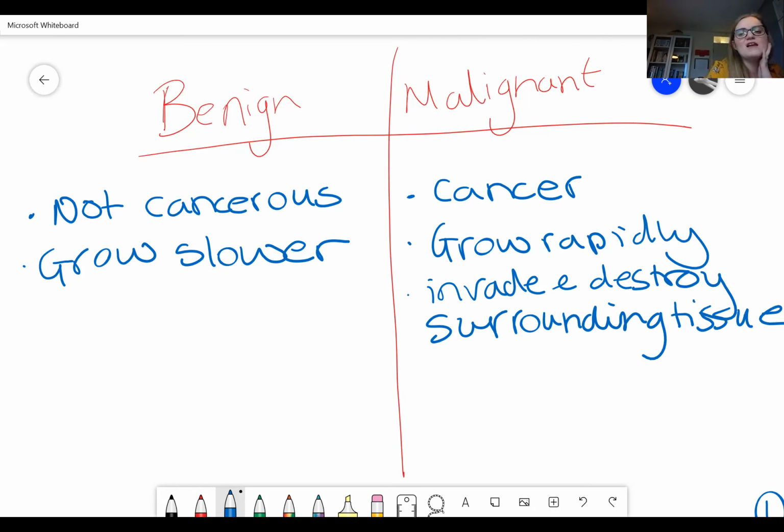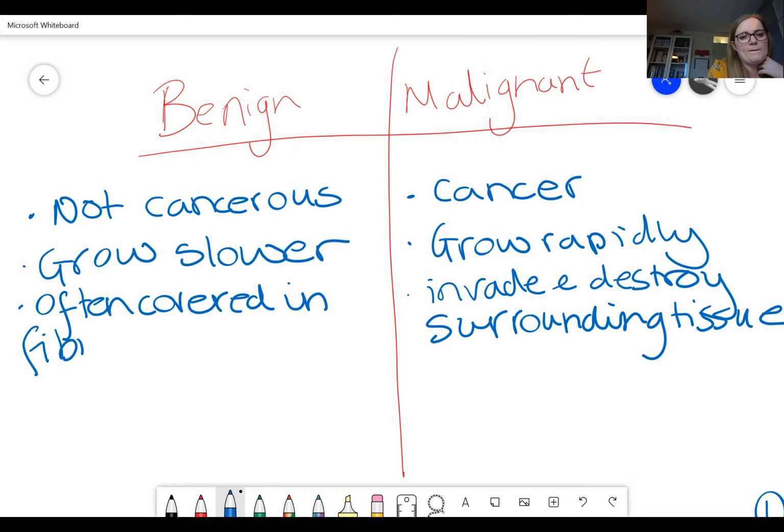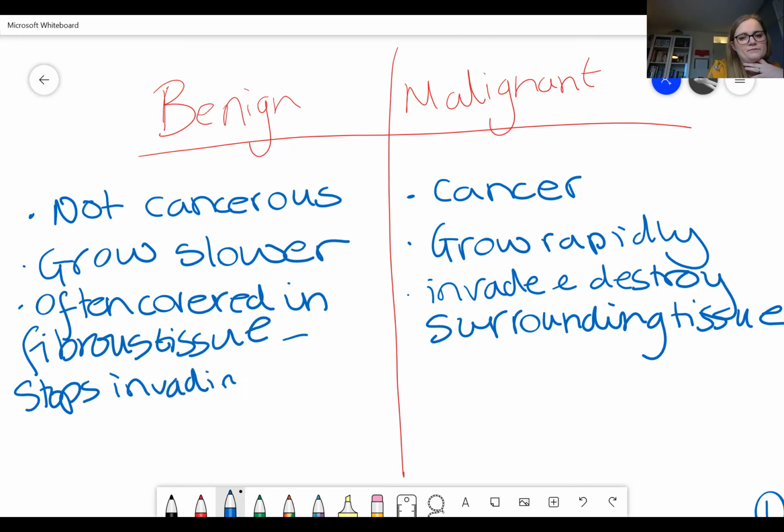Benign very rarely invade and destroy surrounding tissue, and that is because they're often covered in fibrous tissue. And that stops that invasion. I'm going to just put other there.